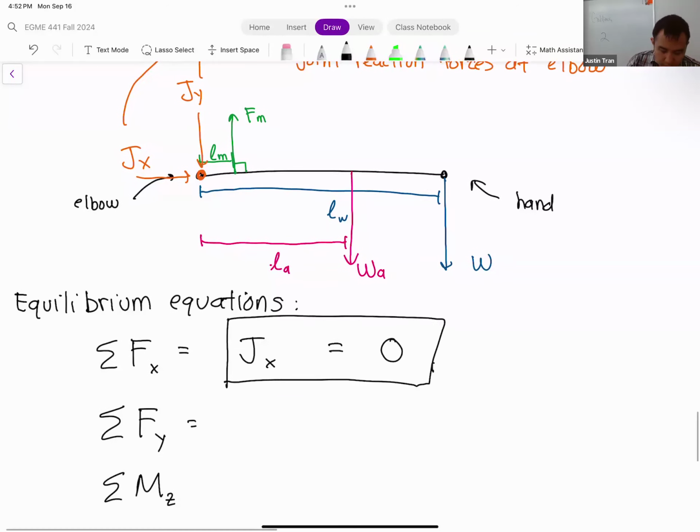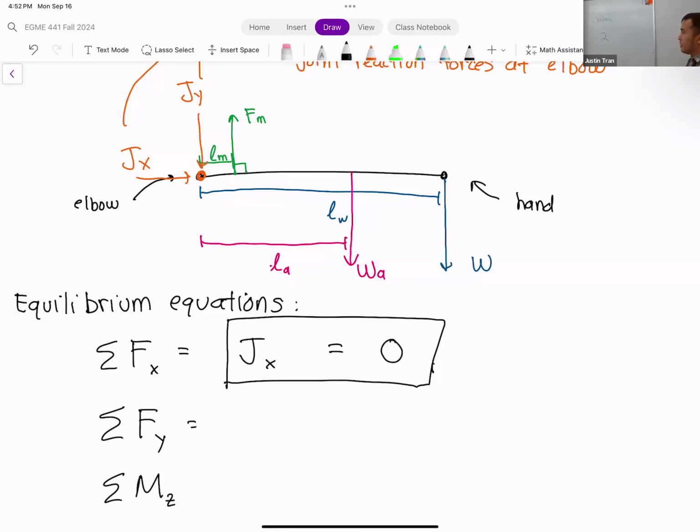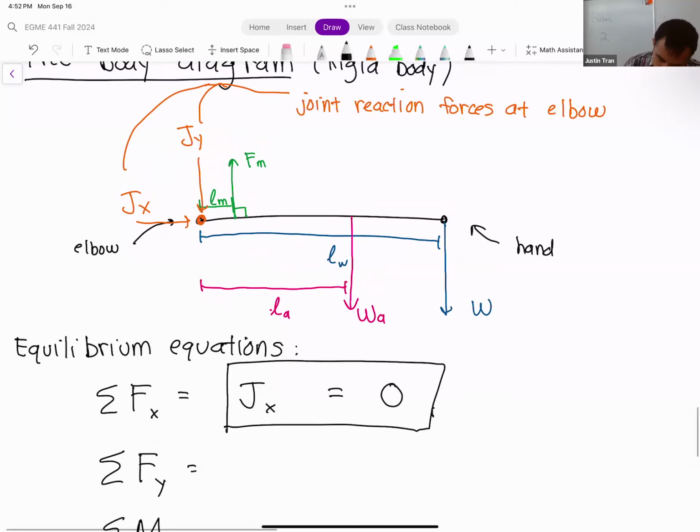Another thing too, when you draw your joint reaction forces, I've drawn them this way just because of habit. It doesn't really matter what direction you draw your reaction forces in, as long as you're consistent in your equations. So let me write that here.